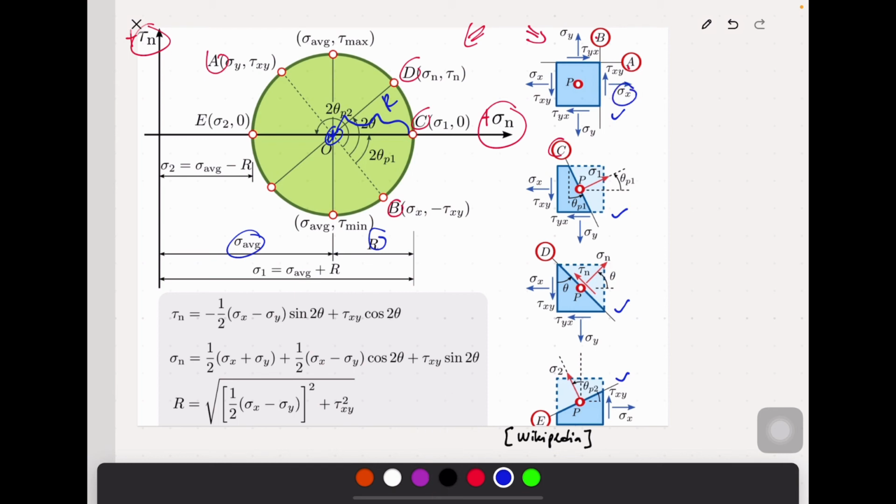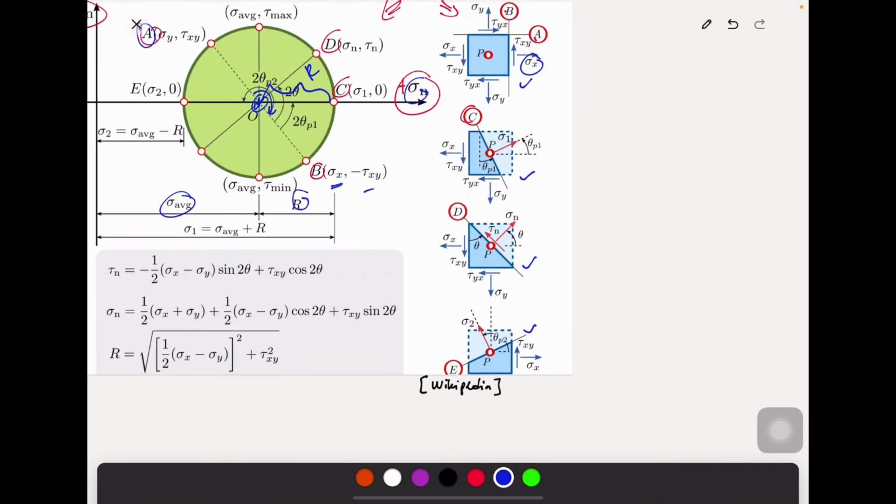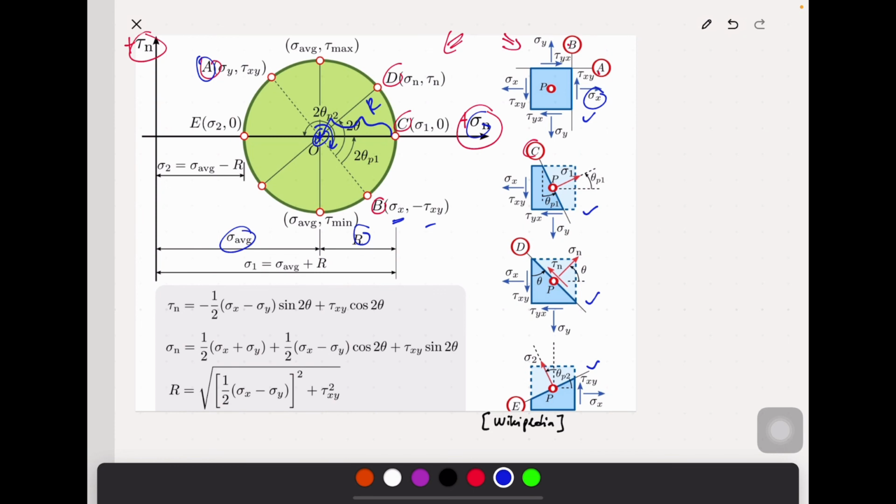Probably slightly different from the 3 examples I've given to you, but it is pretty much 180 degrees from A is your B, the point B, which consists of coordinates of normal stress and shear stress. Right. What else? The most important point, probably for this example, I hope you can search it on Wikipedia and have a look and try to digest that.